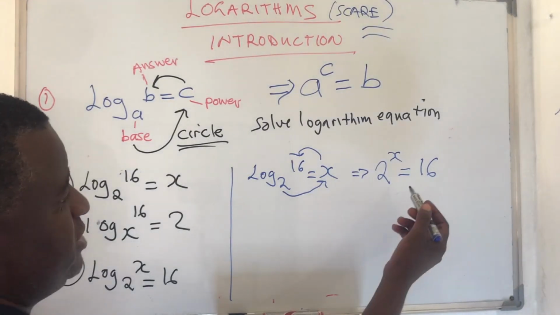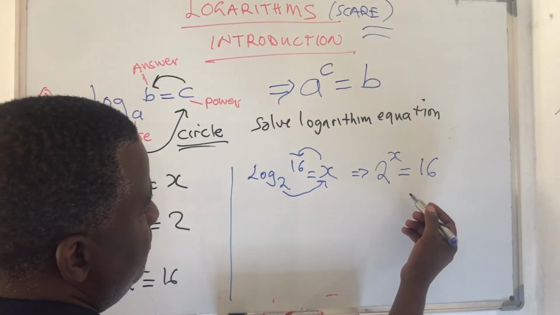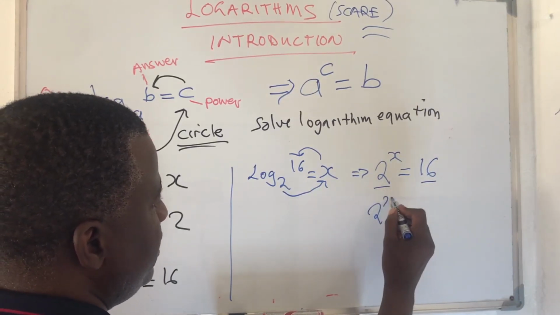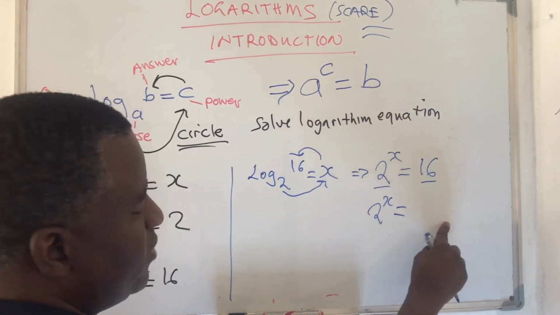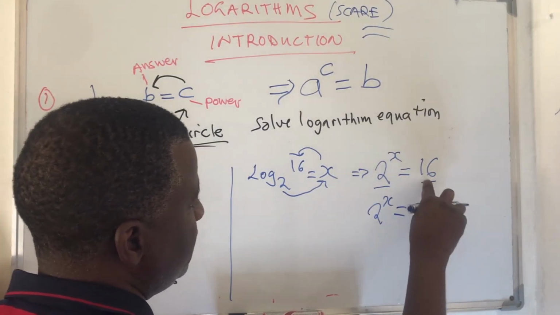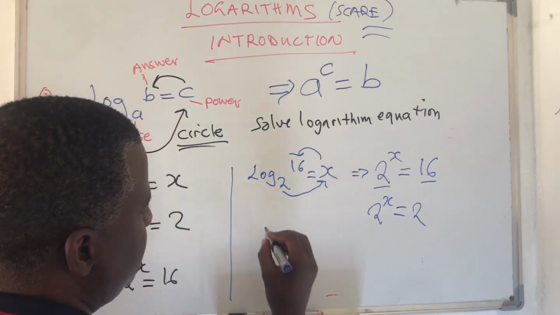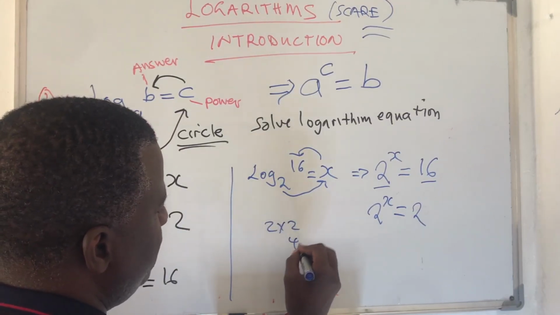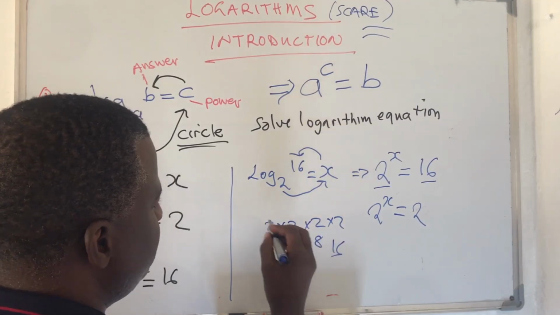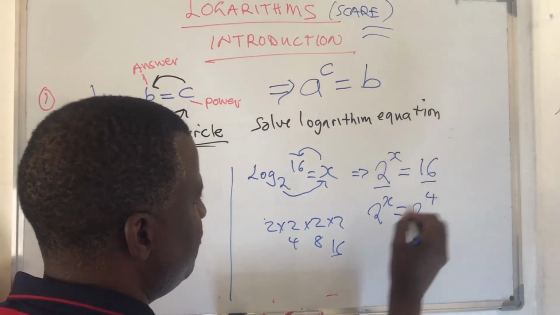Now when you reach this point, it's easy to do because now you know that the bases should be the same. So you want to equate the bases, isn't it? So for me to get 16, I'll raise it to what power? 2 times 2, 4, times 2, 8, times 2, 16. So I'm going to raise it to the power 4.